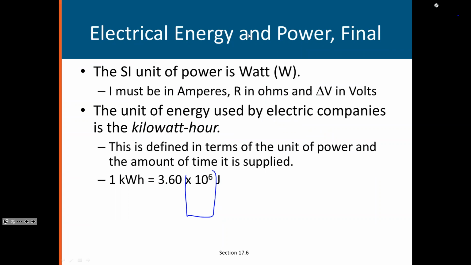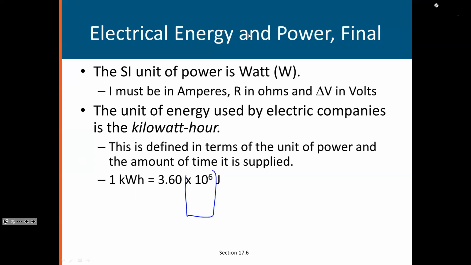Joule is someone else. So after him, watt, W-A-T-T, is the unit for power. It is actually joules per second, but we have a single name for it, watt.